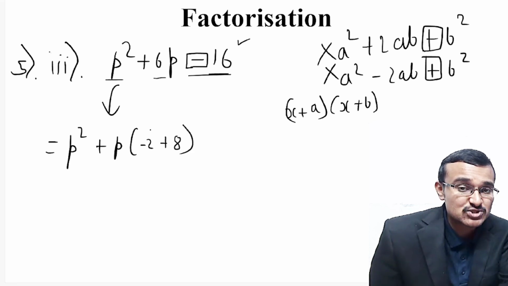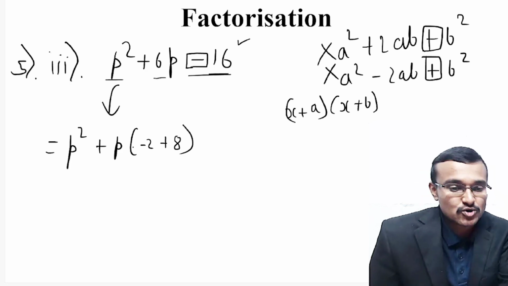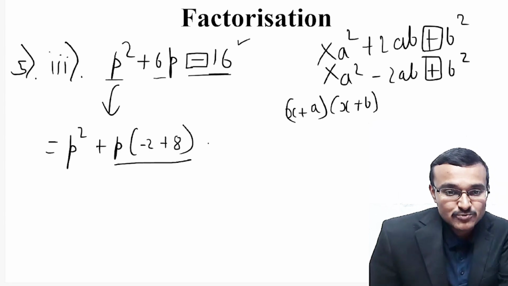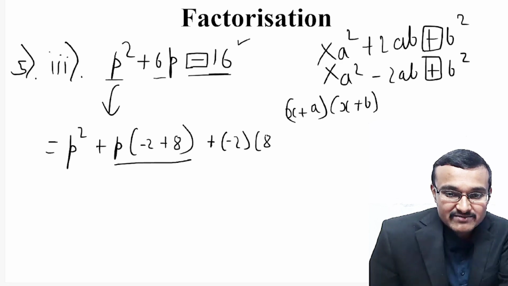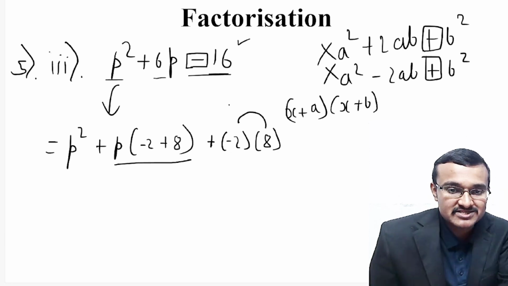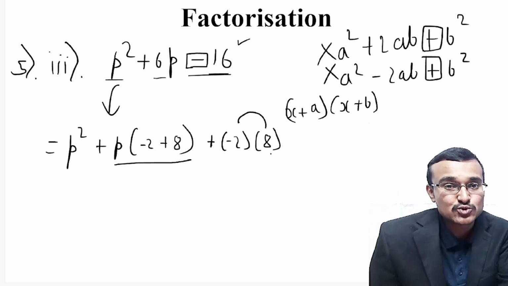When you write minus 2 plus 8, you will get 8 minus 2, that is plus 6, so the equation remains the same. Minus 16 can be written as minus 2 into 8, because 8 into 2 gives 16, and plus into minus gives minus. So 8 into minus 2 will be minus 16.